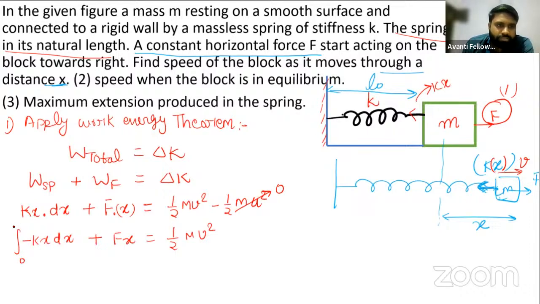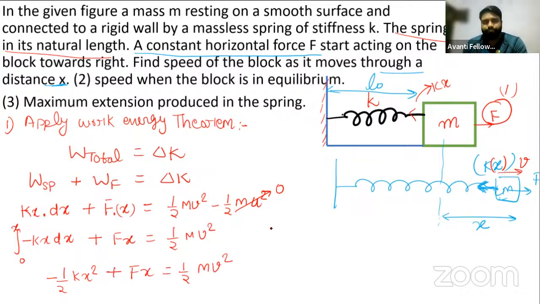If you integrate it from 0 to x, because this is the displacement of this block, it will give you minus 1 by 2 times kx square, because x dx will become x square by 2. 1 by 2 we have taken outside, and this is kx square.